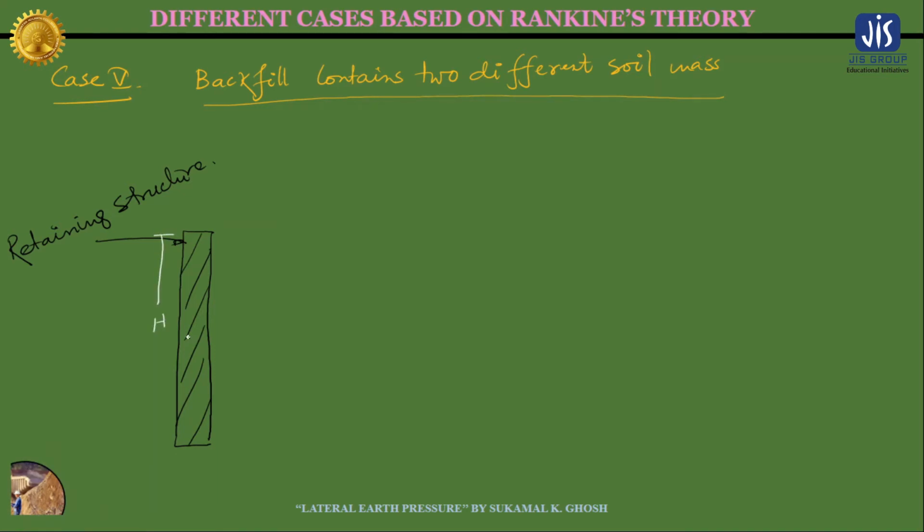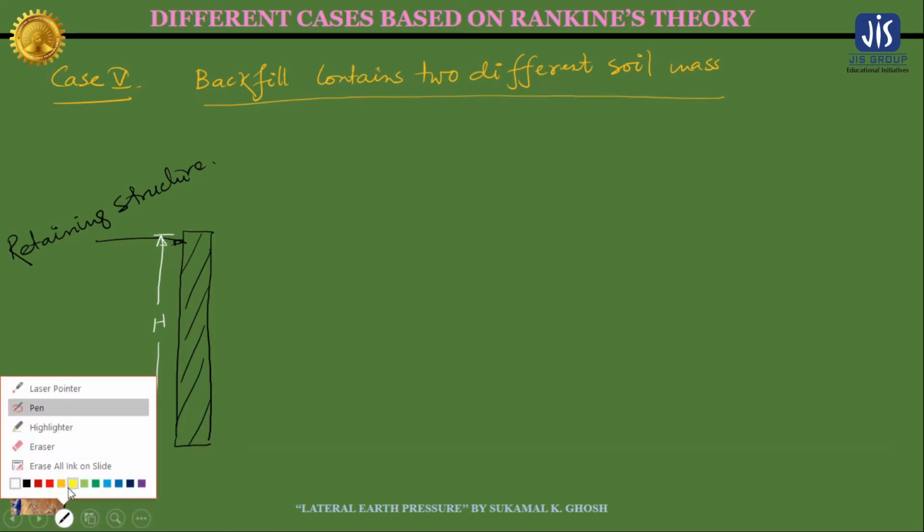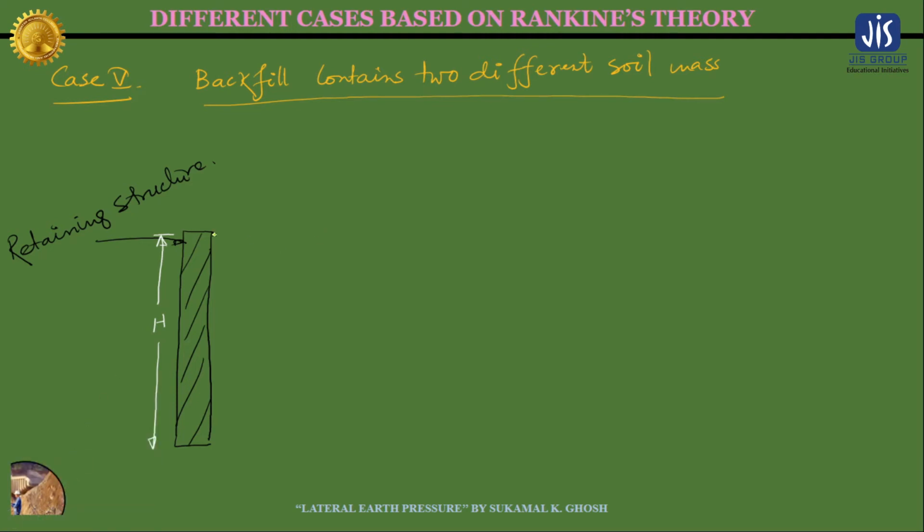And let me consider it is containing a backfill. Now from the top up to h1 depth it is containing one type of soil, and after h1 depth it is containing another type of soil.